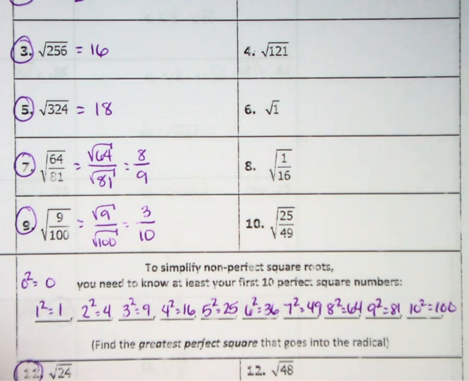So if you can recognize these more quickly, the work becomes easier. But I'm going to challenge you to go further than that. Instead of just memorizing the first 10 perfect squares, I'm going to challenge you to memorize the first 20, because 11 squared, 12 squared, 13 squared, all the way up through about 16 squared are pretty commonly seen in Algebra 1 problems.